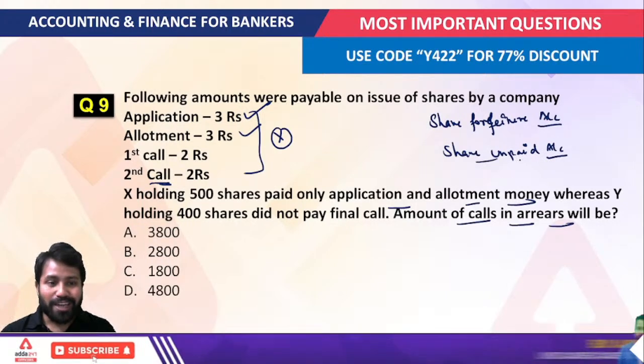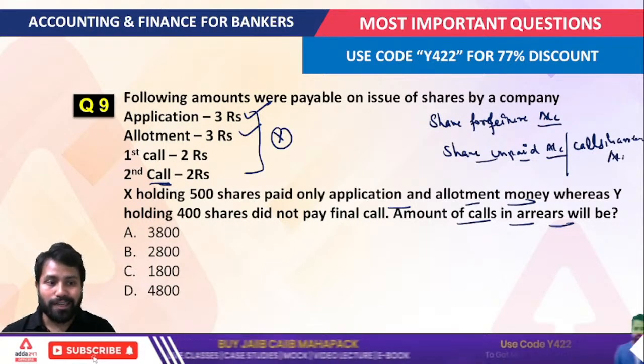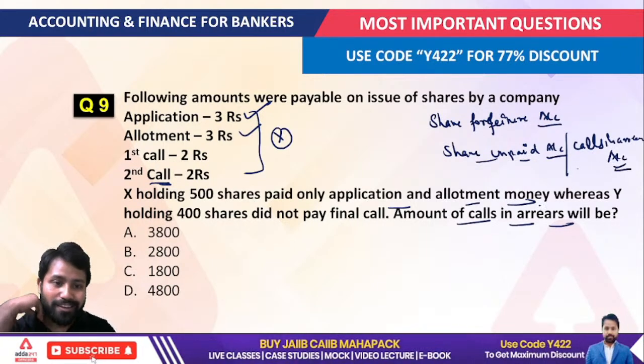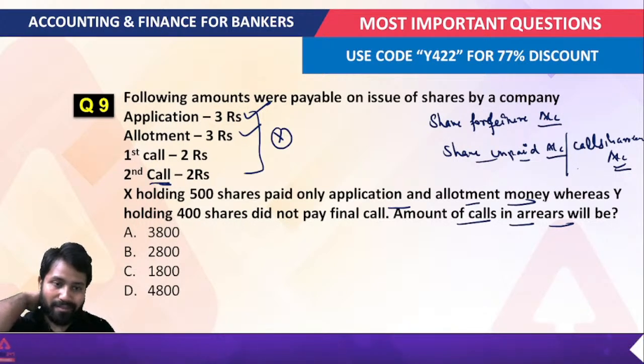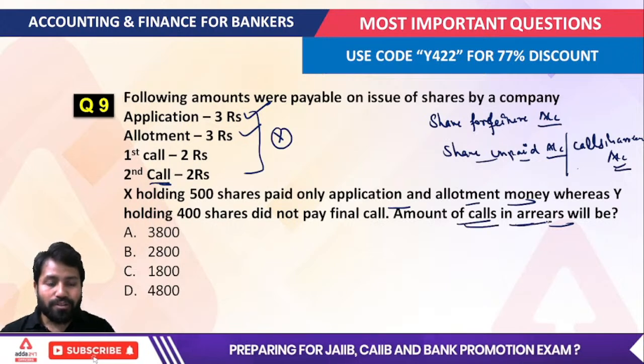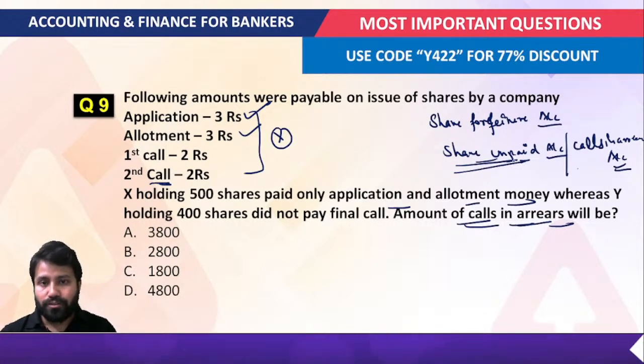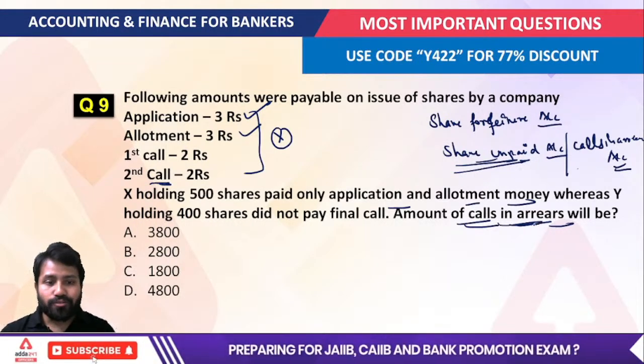Share unpaid calls are also known as the calls in arrear account, right? That I told you in yesterday's class. So the amount of the calls in arrear is the share unpaid call, that means the amount not paid by the shareholders.